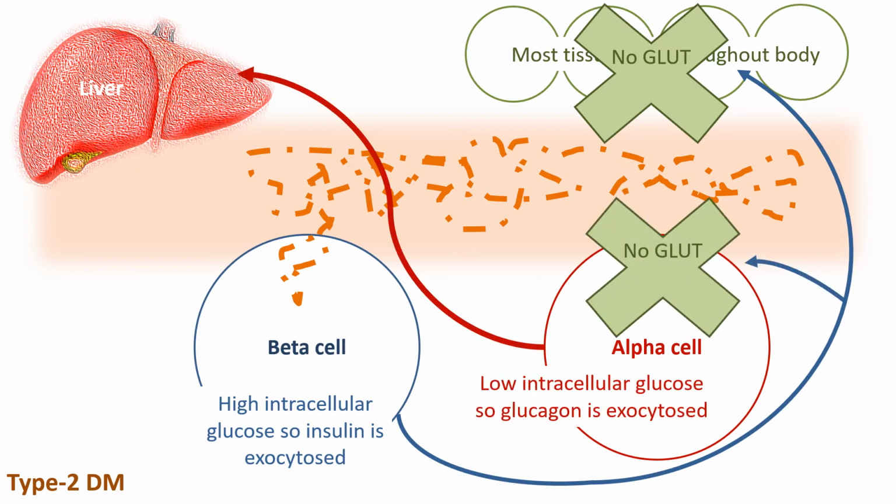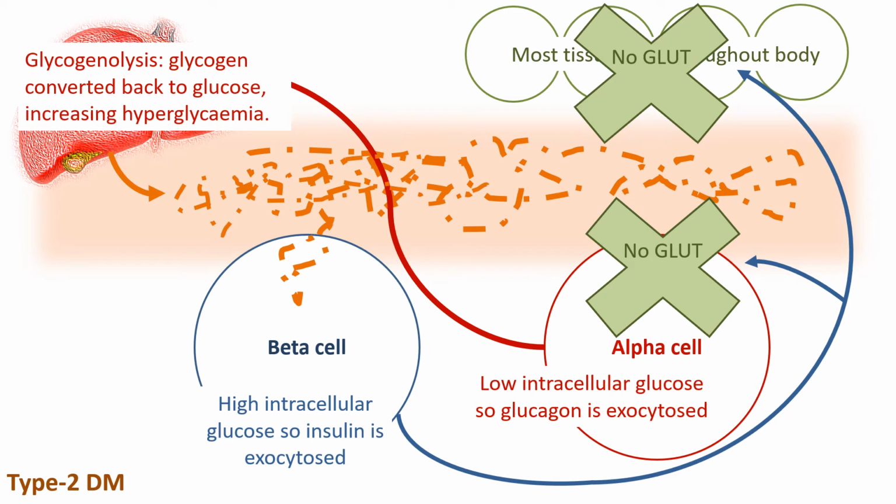In addition, because of these issues, the insulin cannot signal alpha cells to express GLUT, so the alpha cells don't express GLUT. This is interpreted as hypoglycemia because it is within the cell rather than hyperglycemia, and the alpha cells exocytose glucagon.